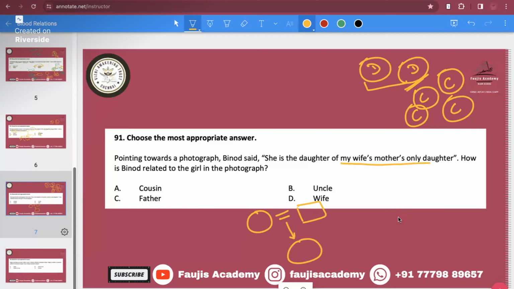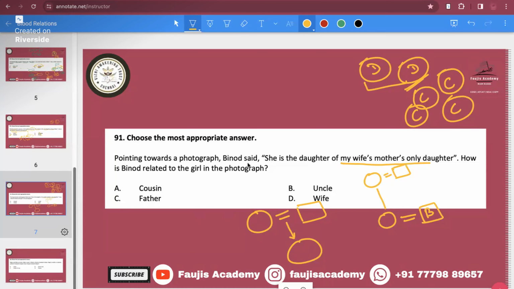My wife's mother's, my wife, so this person will be my wife. Vinod is over here. That means the mother's, some person over here, only daughter. How is Vinod related to the girl in the photograph? Did I draw it correctly, guys?